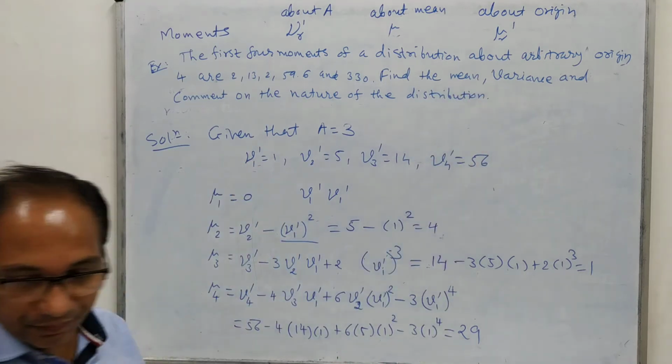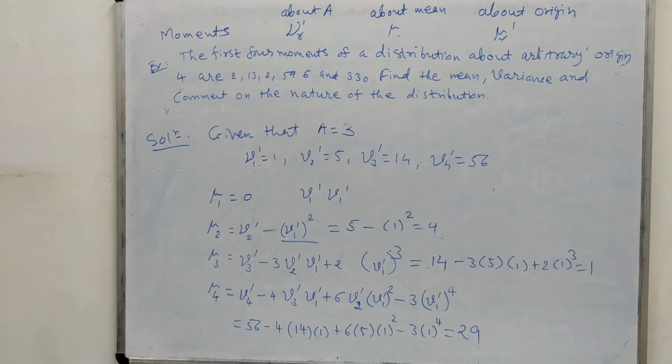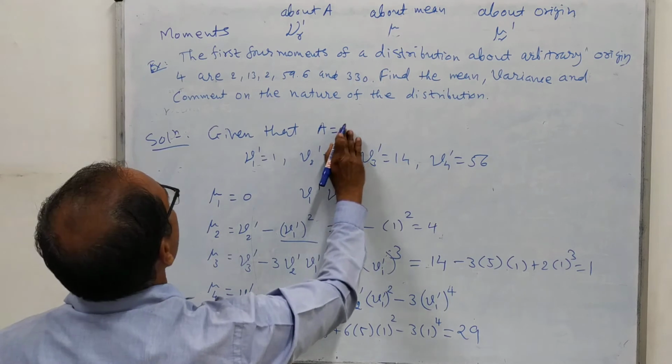So here you can see what is given to us. As in the last example, we are given the same kind of first four moments. So first of all we will note down the arbitrary origin 4.